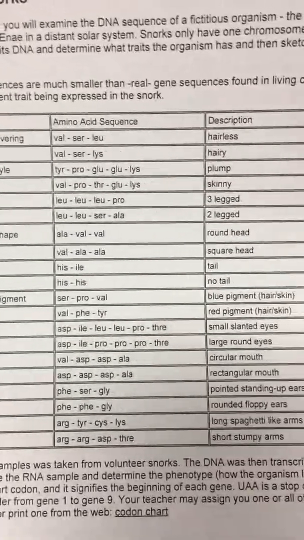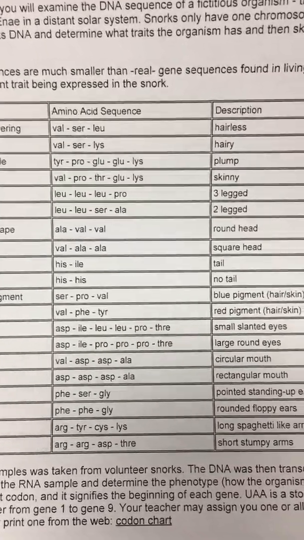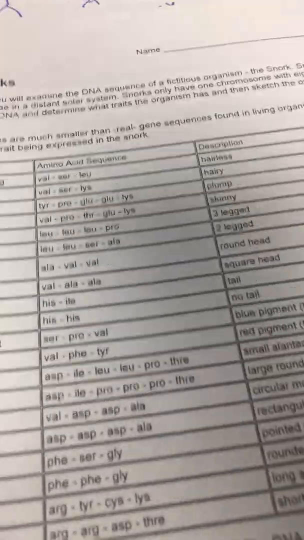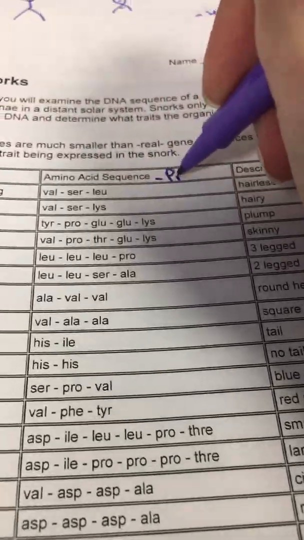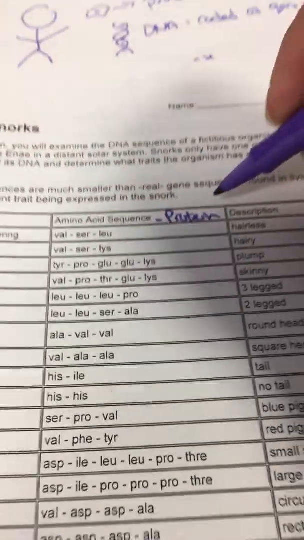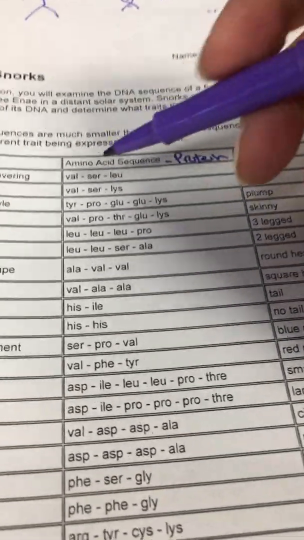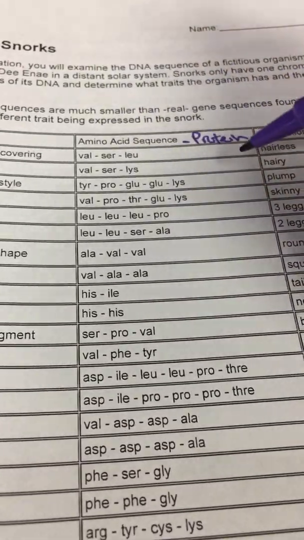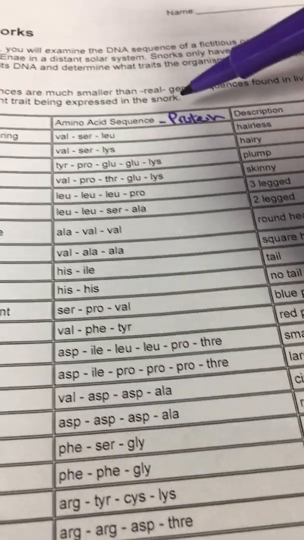Those genes code for amino acids. And in this amino acid sequence, this is actually a full protein. Imagine these are proteins. These are the amino acids that make up that protein, because remember, proteins are made out of amino acids.